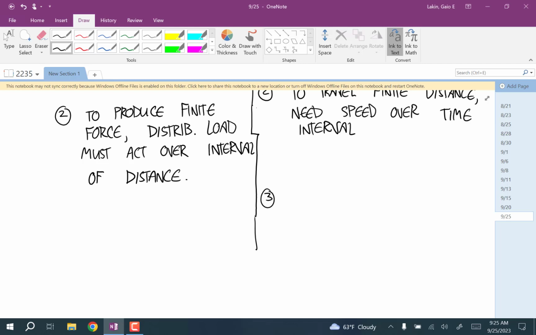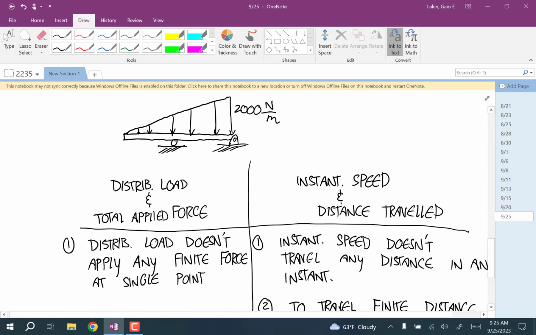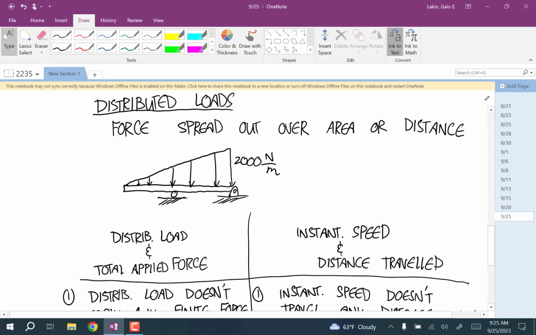That's what a distributed load means too. Okay, so if you have a distributed load of 2,000 newtons per meter, it means if that was a uniform distributed load, which this isn't because you can see it's changing over distance, but if that was uniform over a full meter, it would apply a force of 2,000 newtons.